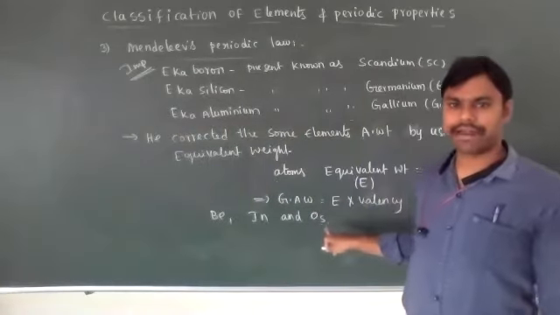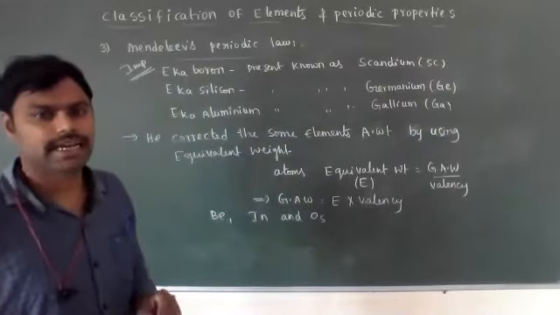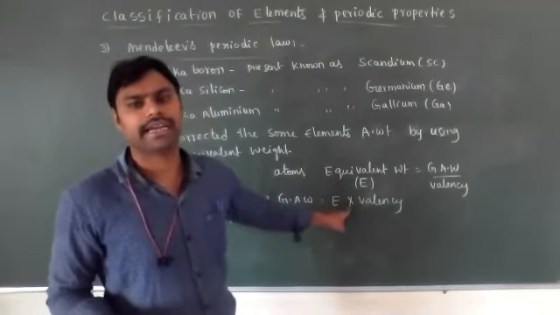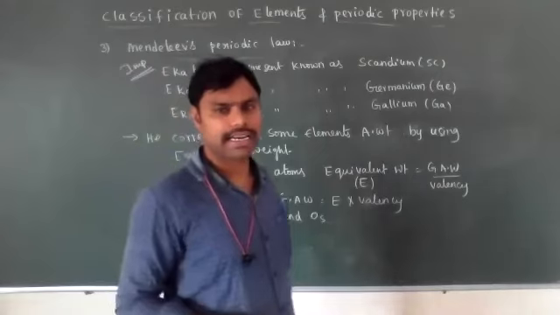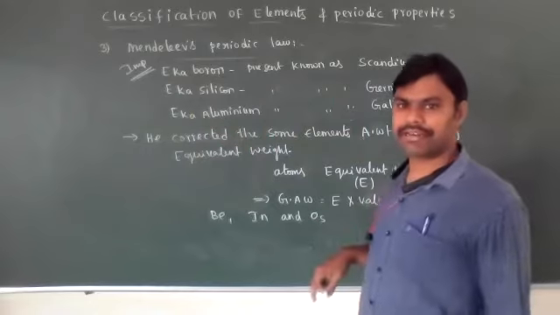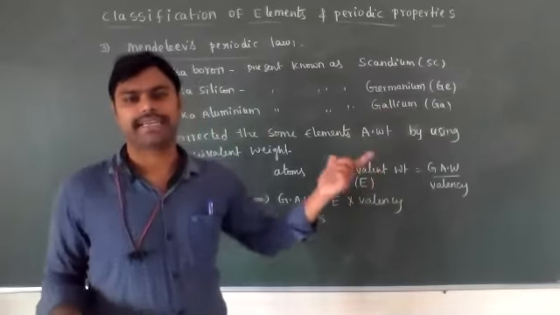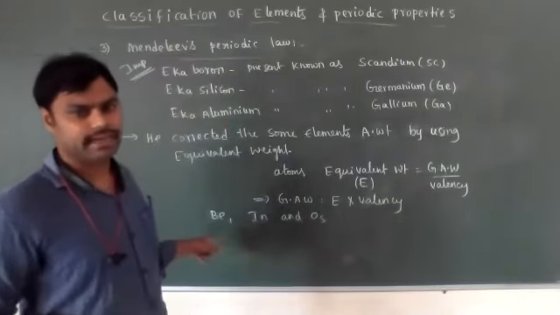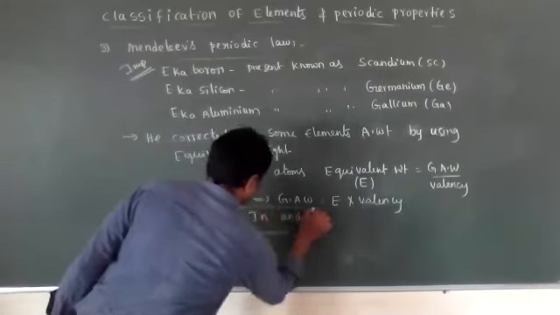He made those corrections based on this formula: atomic weight is equal to equivalent weight into valency. Equivalent weight is nothing but gram atomic weight divided by valency. Valency is nothing but combining capacity, the electrons in the valence shell. So according to that, he made corrections to the atomic weights of beryllium, indium and osmium. So you remember these element names.